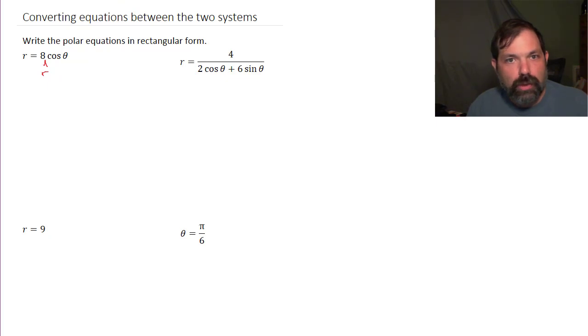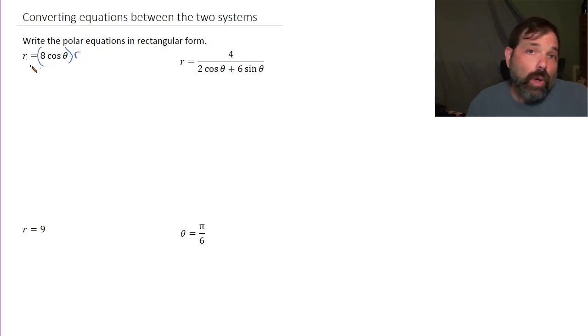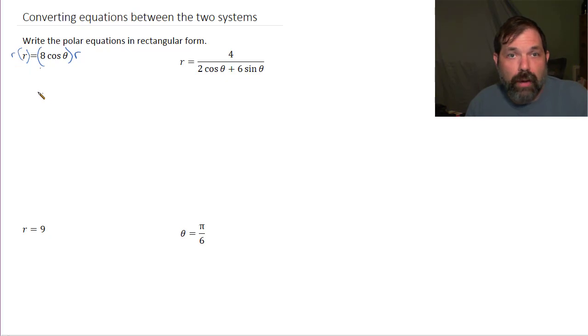So what I'm going to do is I'm going to multiply. Let's multiply this side of the equation by r. Well, if I multiply one side of the equation by r, I have to multiply the other side of the equation by r, right? That's what we have to do.